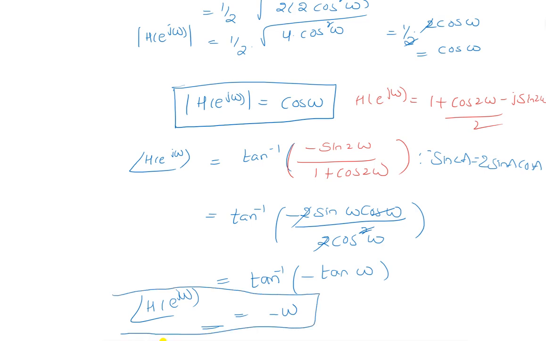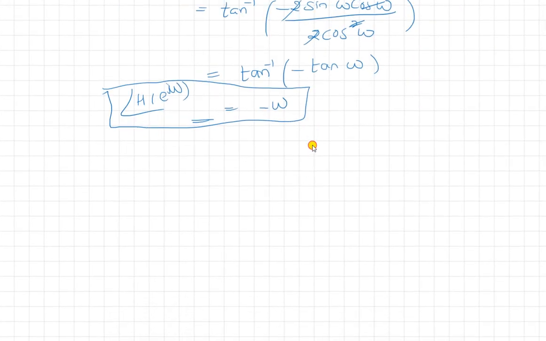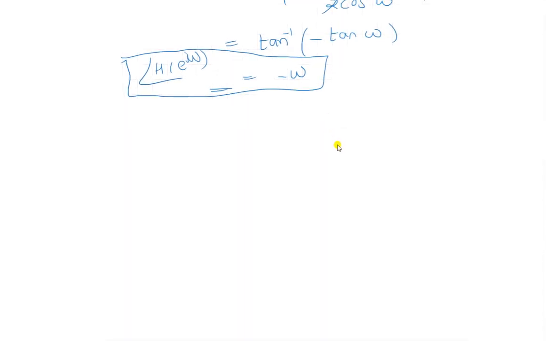Now, by choosing different values of omega, we can plot the magnitude response and the phase response of the given system function. How to find this? This is very simple.